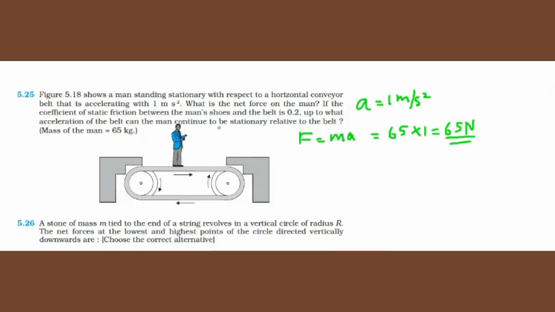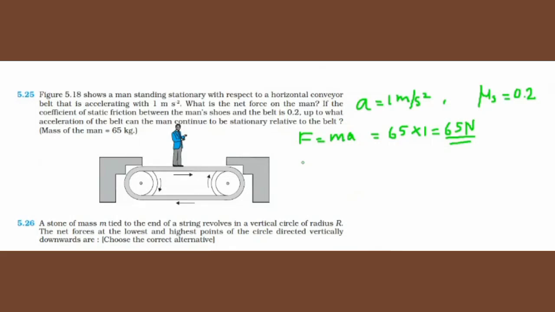Then the coefficient of static friction is 0.2. That is also given in the question. Coefficient of static friction means it is a limiting friction. Up to what acceleration of the belt can the man continue to be stationary there?